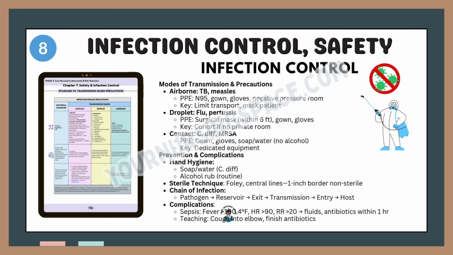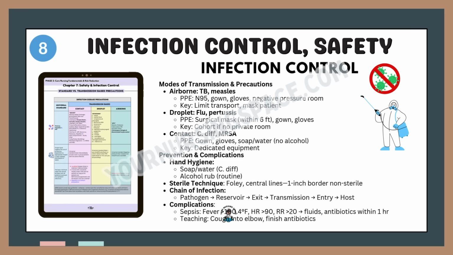When it comes to airborne precautions, we're talking about diseases like tuberculosis or measles, so you'll need to slip on that N95 mask, fit tested, of course, along with a gown and gloves, and then place that patient in a negative pressure room. The reason? Those tiny particles just hang in the air, and we can't let them float around unchecked. So you'll also want to limit transport and mask the patient if they have to move.